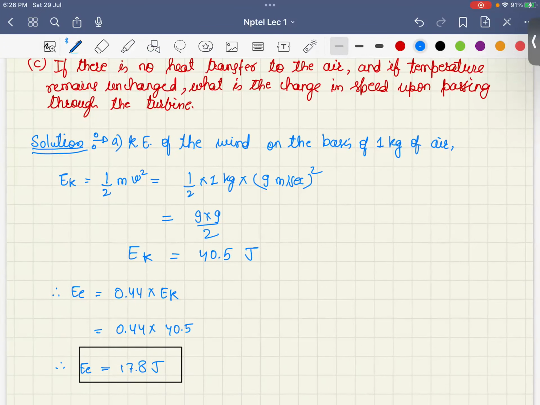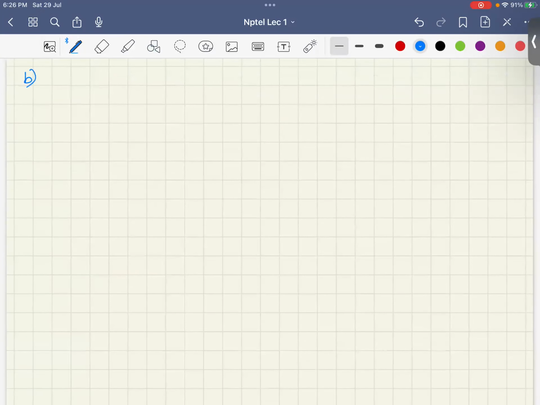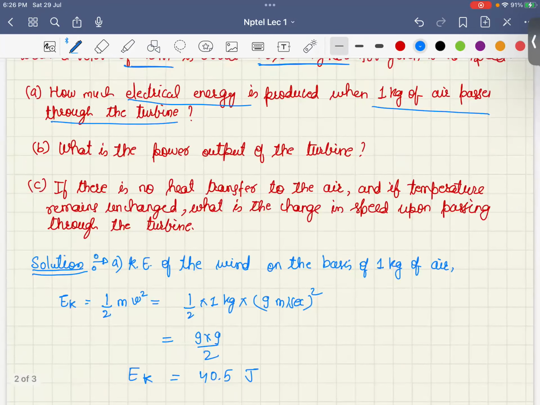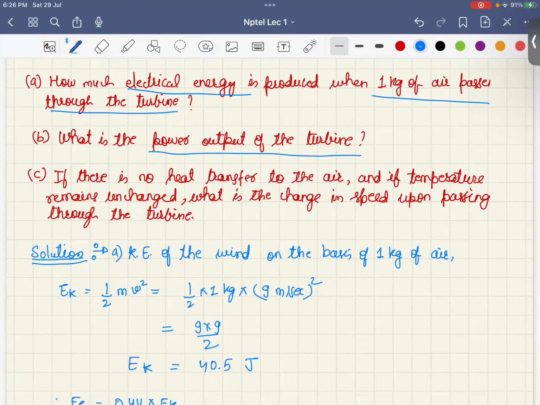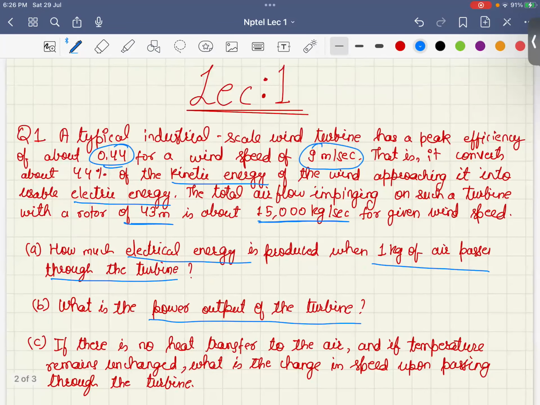Let's now move on to part B. In part B, we are asked what is the power output of the turbine. When we say turbine, it means for 15,000 kg per second of air.